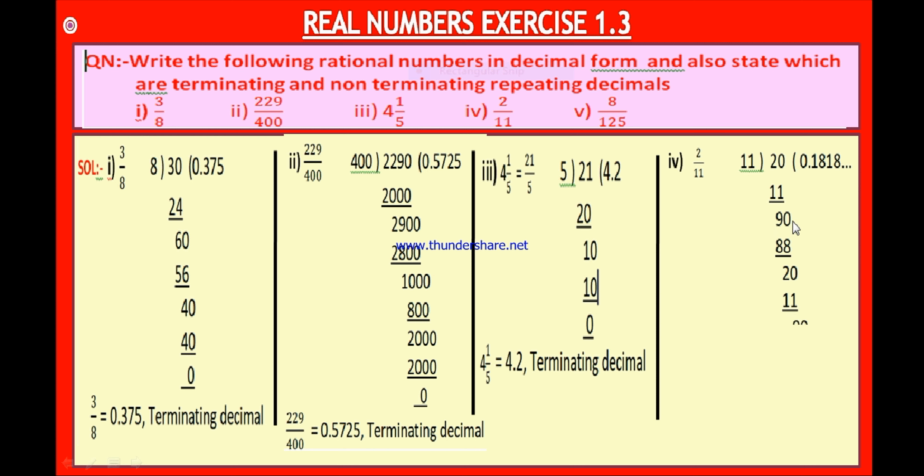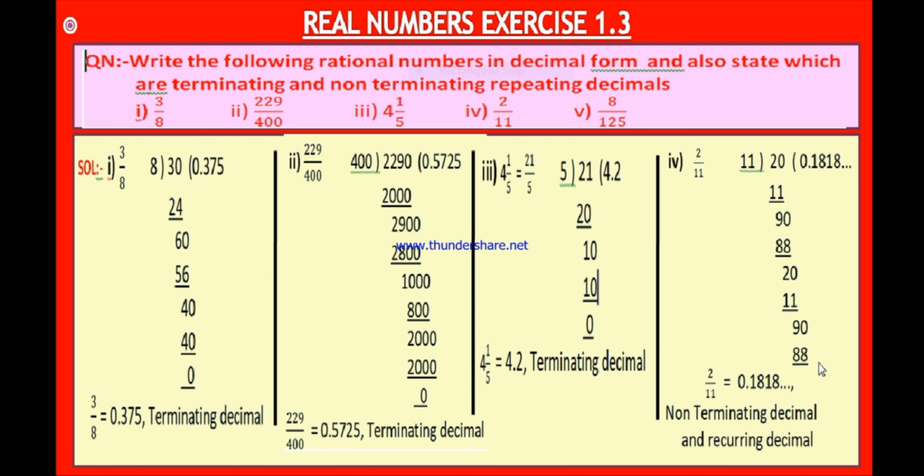Now keep 0, 90. In 90, 11 goes 8 times, 88. And again you will get 2, then 20. 1 time 11. If you subtract, you will get 9, 90. In 90, 11 goes 8 times, again you will get 2, like this. Therefore, 2 by 11 is equal to 0.181818 and so on.